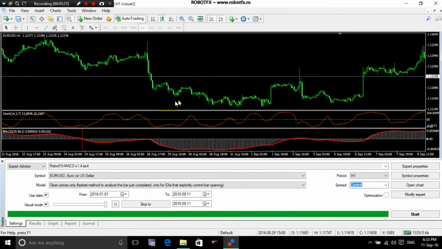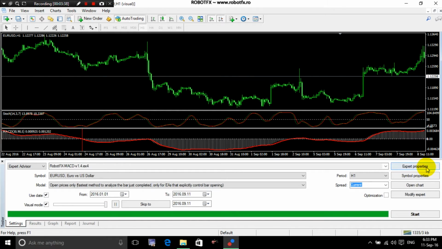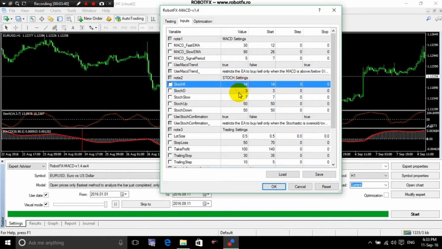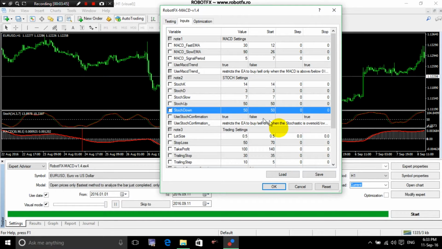So for example, let's see here on this chart, if the stochastic confirmation is set to true, the Expert Advisor will consider selling only here, where the stochastic is overbought. And again, you have the option to choose your own settings for the stochastic and also the level up or level down.